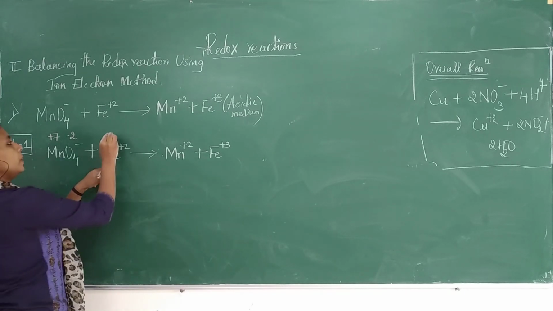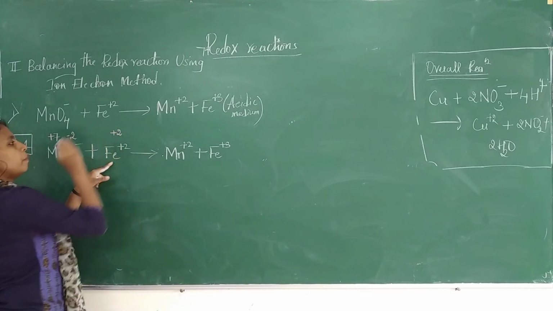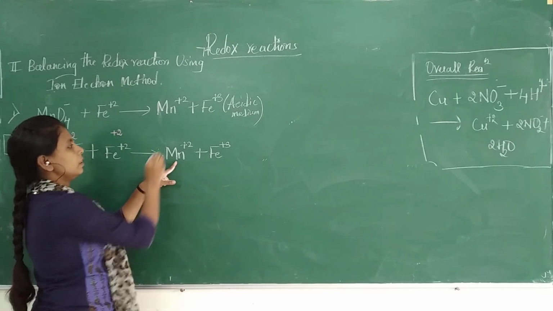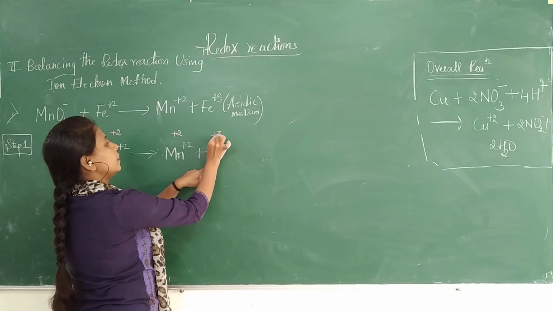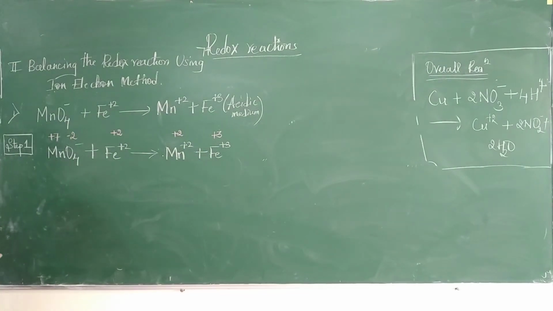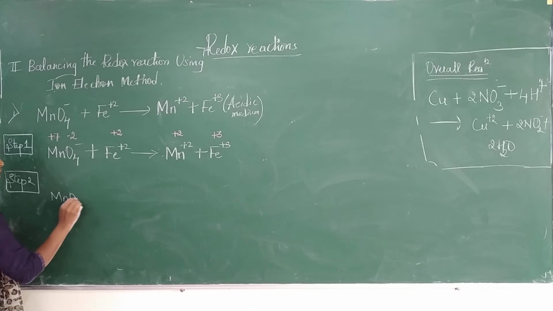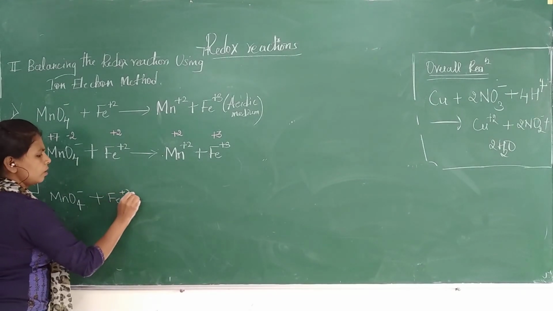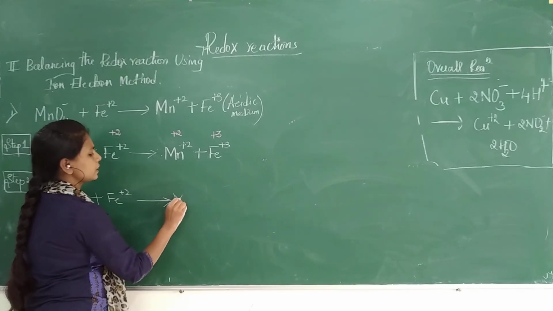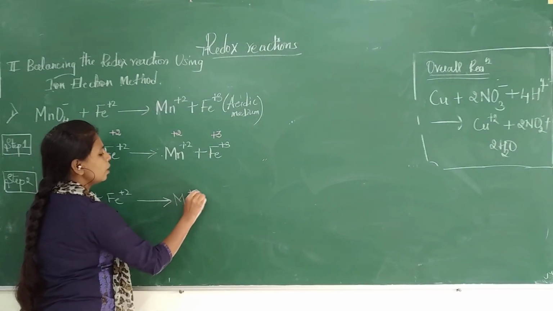Next Fe, plus 2, and it is plus 3. Okay. Identify where there is an oxidation and reduction. Whether the oxidation has taken place in manganese or iron.